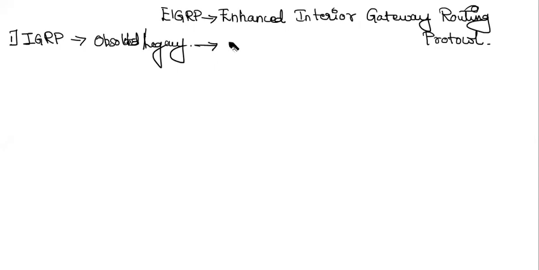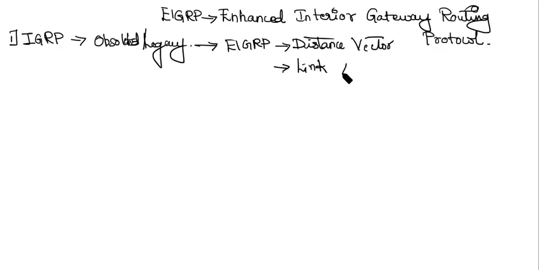So with the invention of EIGRP, which was a combination of a distance vector protocol and link state, this EIGRP was called a hybrid routing protocol.